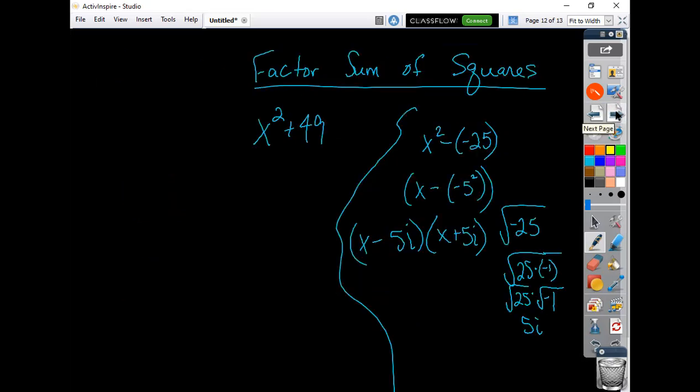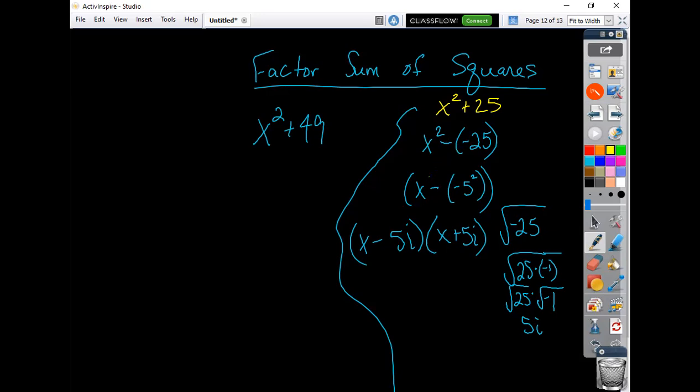And then what if I have a problem where I need to factor a sum? So over here on the right, you can see what I did here. If I had x squared plus 25 and I asked you to factor it, is plus 25 the same as minus a negative right there? Minus a negative. So when I have that, that would be the same.